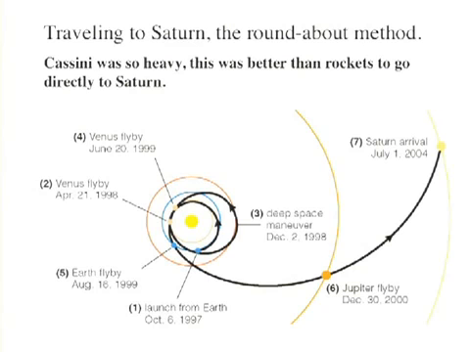Then it flew by the Earth in April of 99, pretty close to the Earth. And then it got flung out of the Earth. Whoa! Flung out, and it went by Jupiter in the year 2000. And then Jupiter flung it further, and it went to Saturn.